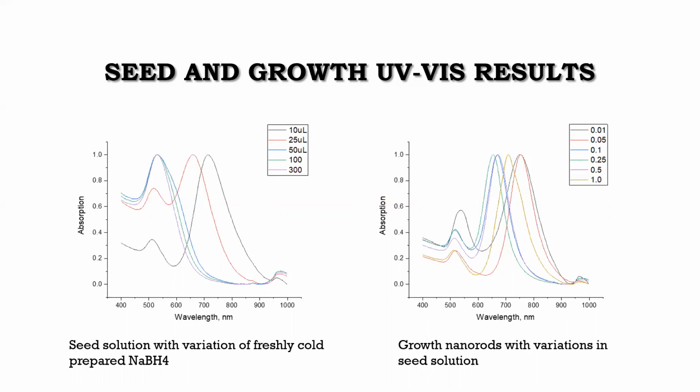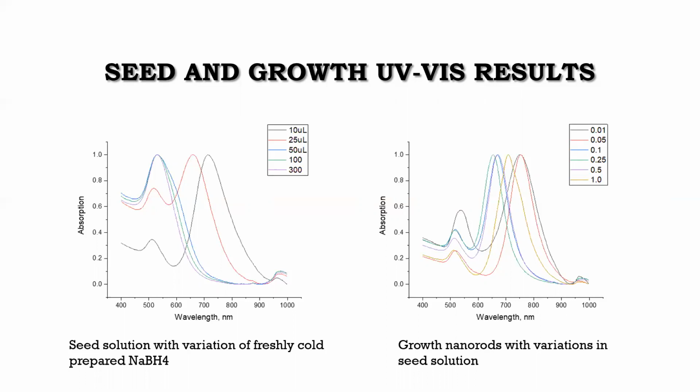From addition of 50 microliters of sodium borohydride and up, the seeds or the mini nanorods at this point were no longer formed, since there's no sign of a longitudinal peak around 780 nanometers.